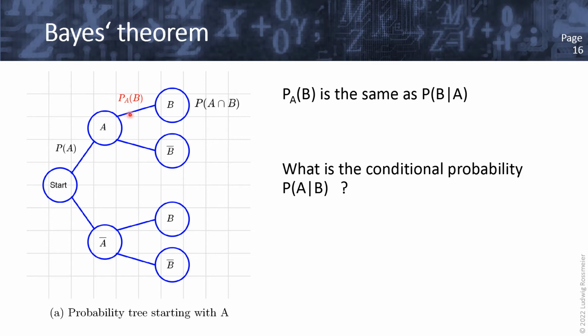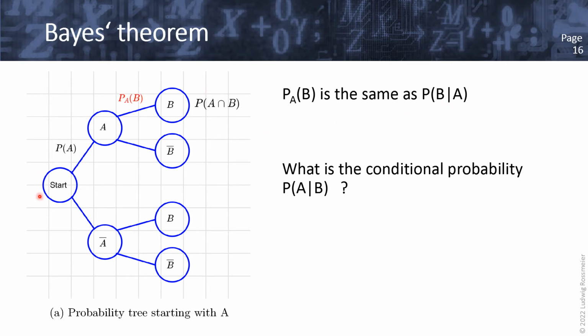Then we come here to B, or the inverse result B bar. On the right hand side you will see the probability that A occurs and B occurs. And here we have the conditional probability P index A of B, which is the same as shown before, the probability for B under the condition of A.